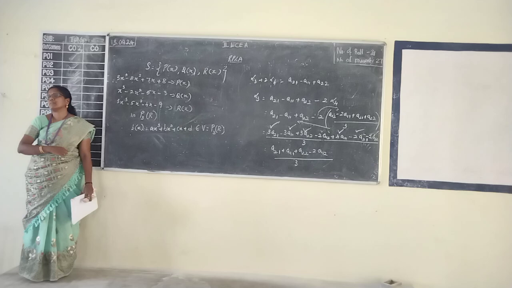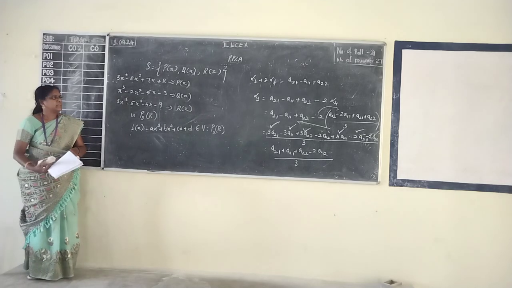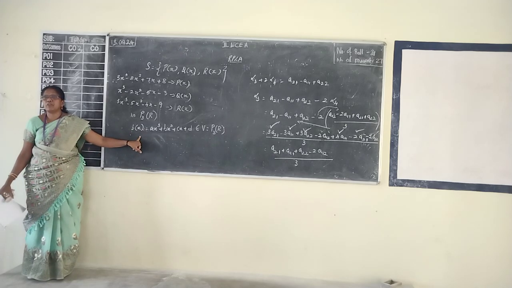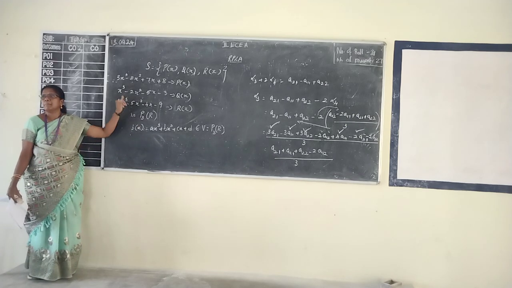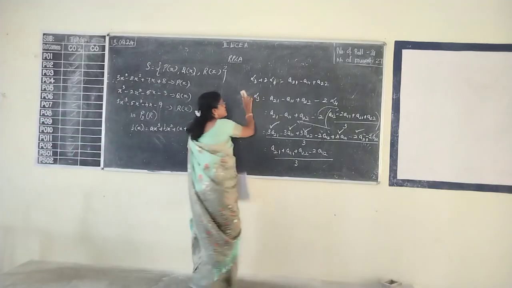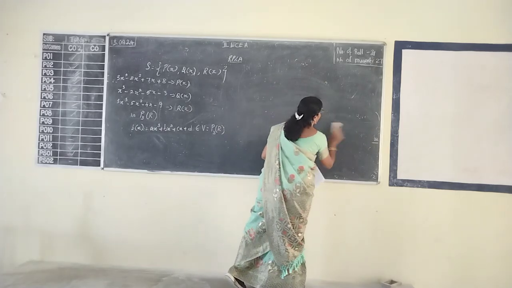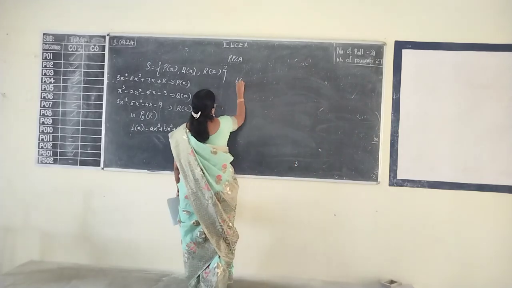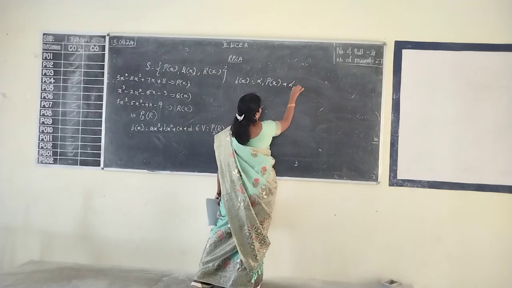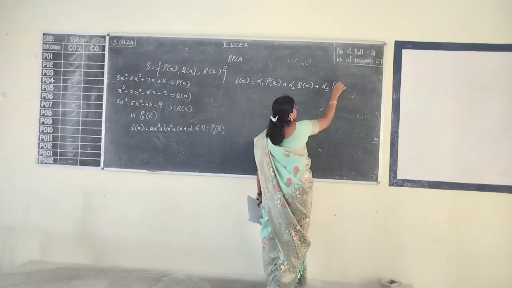Boys, tell me what's the next step? We'll be writing this T of x as a linear combination of P, Q and R. Therefore T of x is equal to alpha 1 P of x plus alpha 2 Q of x plus alpha 3 R of x.